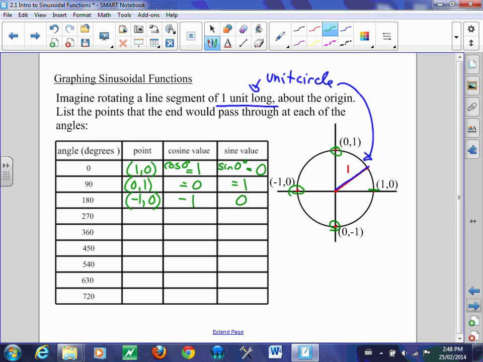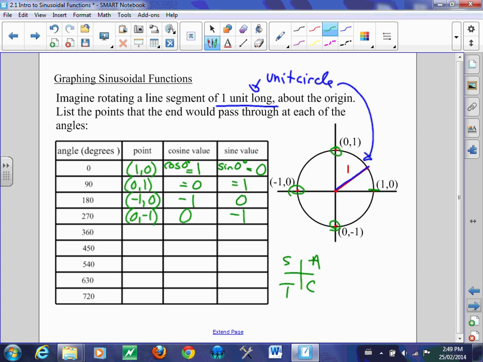For 270, ladies and gentlemen, our ordered pair is 0 and -1. Plug in the cos and the sine for that angle: cos of 270 is 0, and the sine of 270, you plug in your calculator, is going to be -1. And remember, the reason we're seeing negatives here, folks, is because you have to apply the CAST rule.